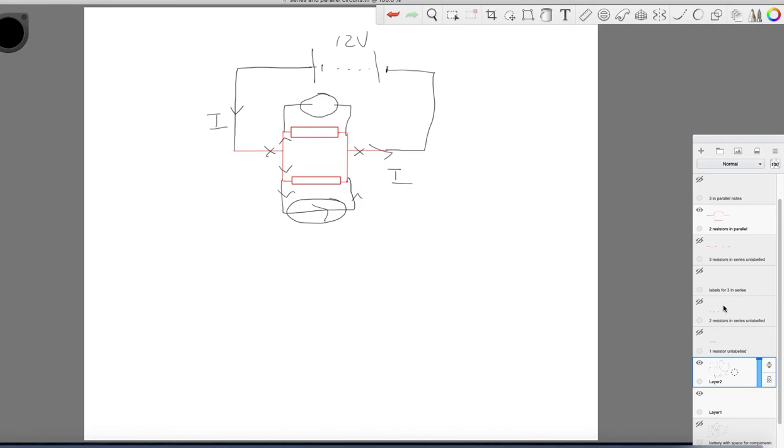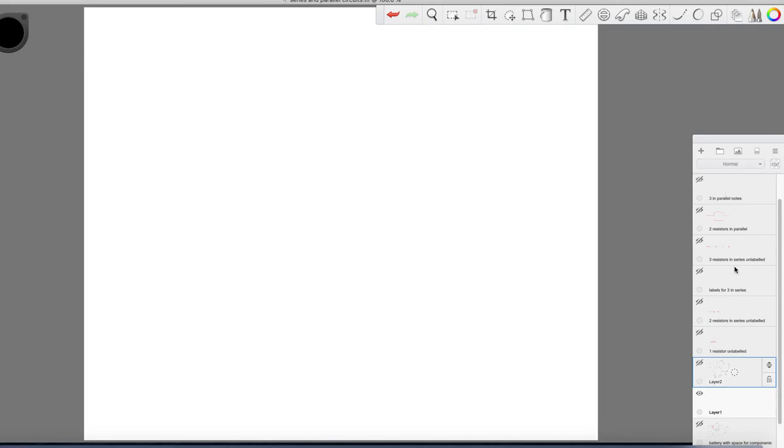Let's think then about the potential difference, the voltage. Sorry, I said voltage, I meant current. We've talked about the current. Let's talk about the voltage now.